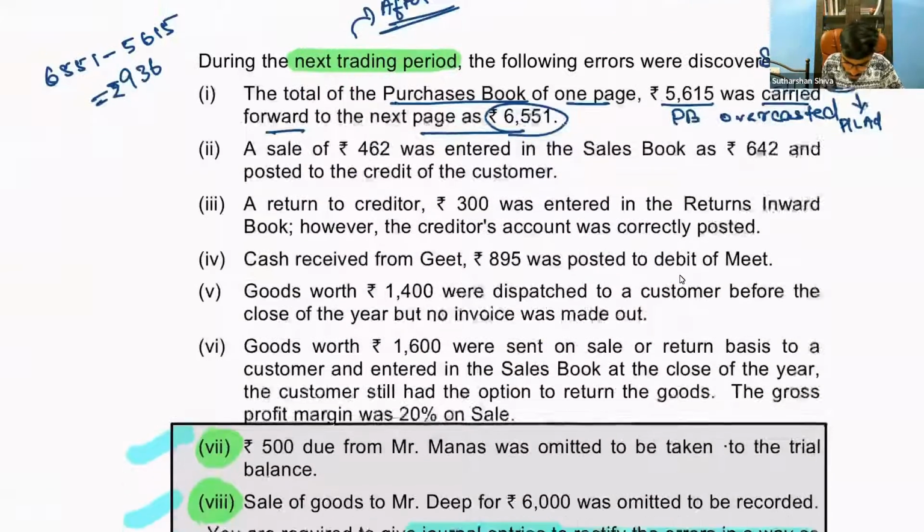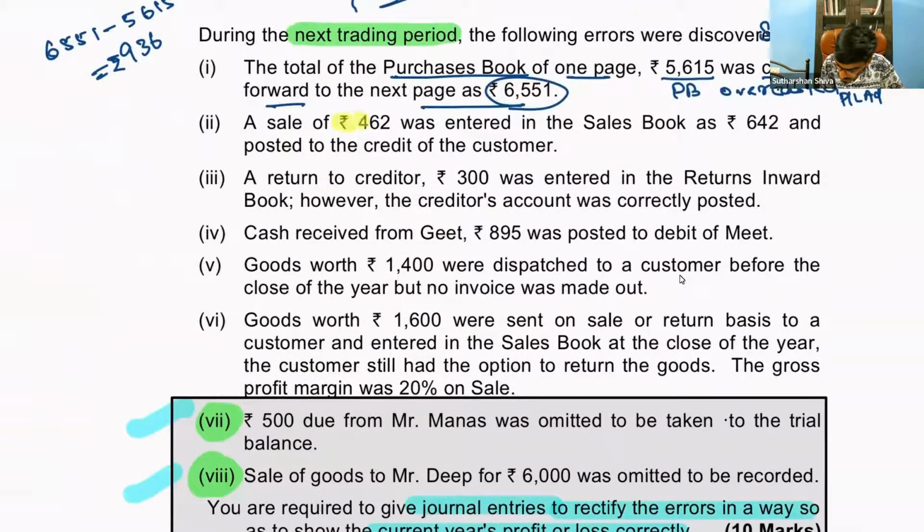Next, question number 2. A sale of 462 was entered in sales book as 642 and posted to the credit of customer, they have given. The sale has happened for only 462, but the sales book has shown 642. It has been overcasted.